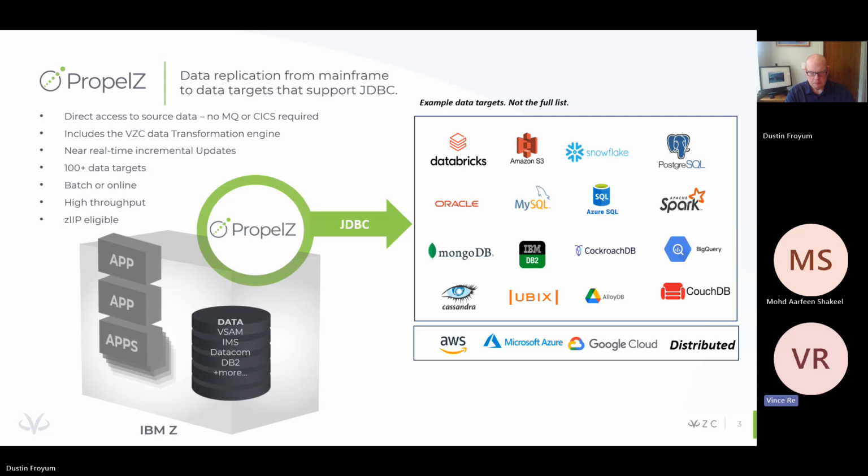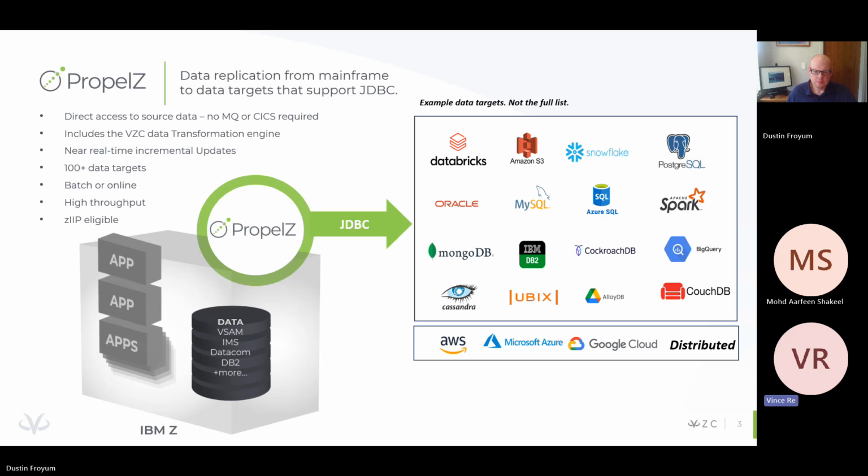But as we're going to see today, PropelZ isn't limited to things like VSAM files. It can be really any type of data that exists on the mainframe, or even that the mainframe has access to over a network connection. So, that's the first part of PropelZ. Where do we get the data from?